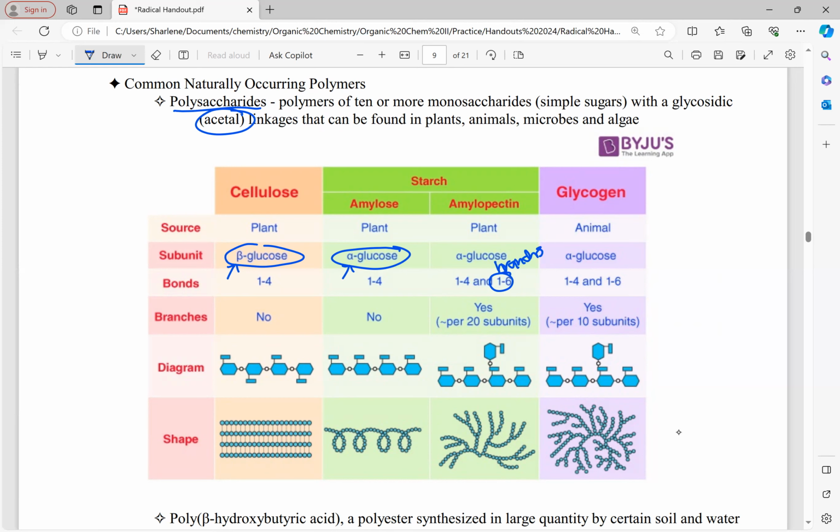So we have these linears and then we have these branches. And I love this picture just because of those two in that diagram. And then glycogen, our storage of carbohydrates, again is using our wonderful alpha, and again branches, but look at that branching.